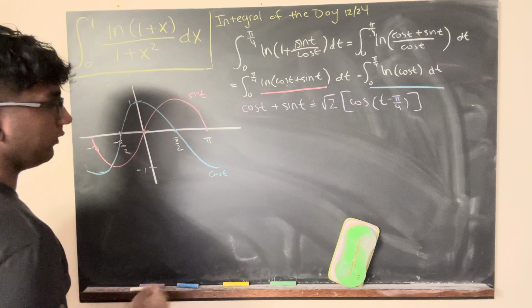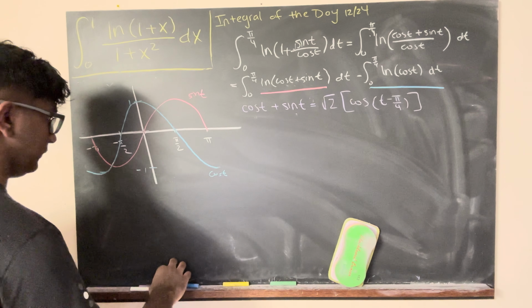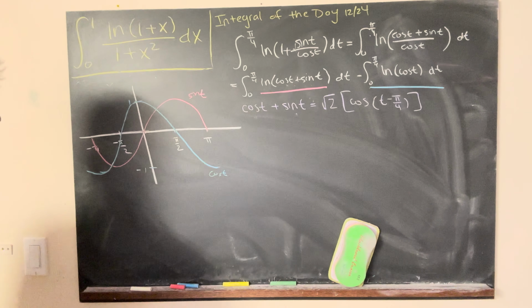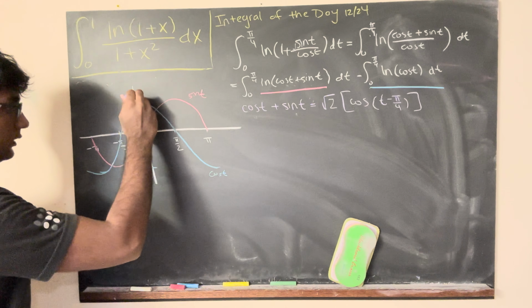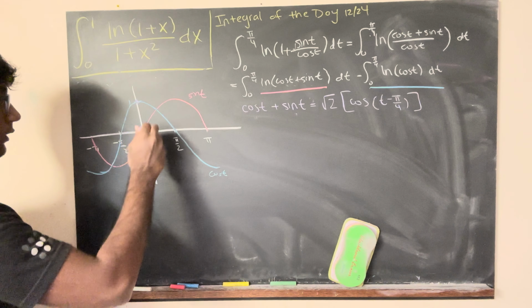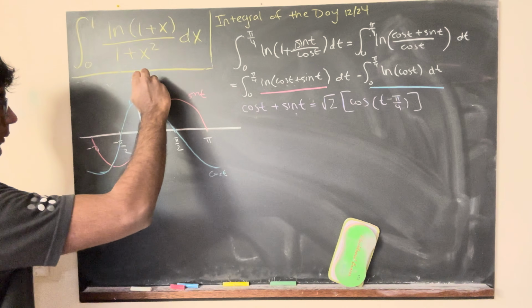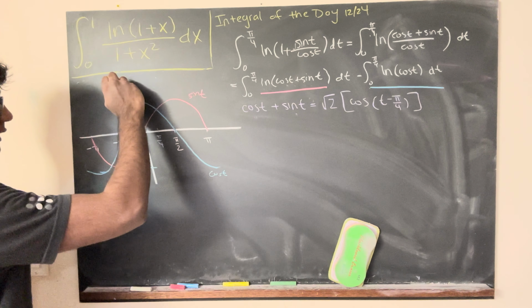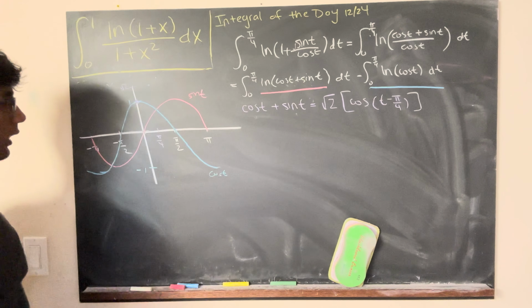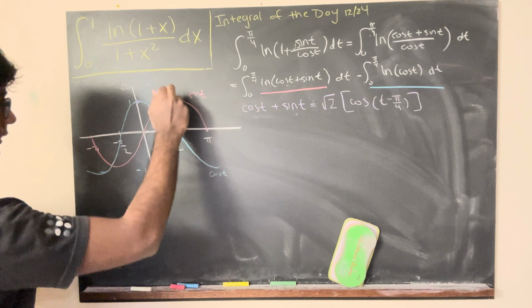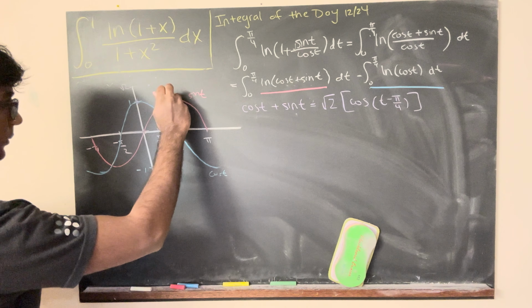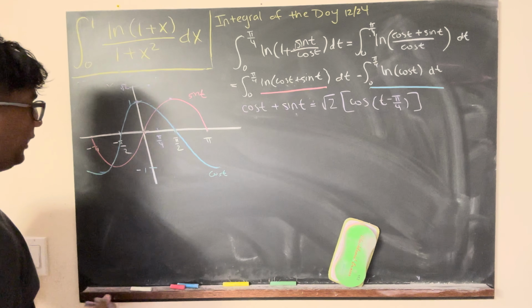We're interested in finding cosine t plus sine t, so we get the value of cosine and add the value of sine. Here at pi over 4, we have the maximum value, which is in fact root 2. And here it becomes 0.